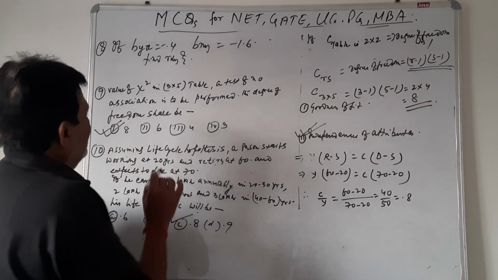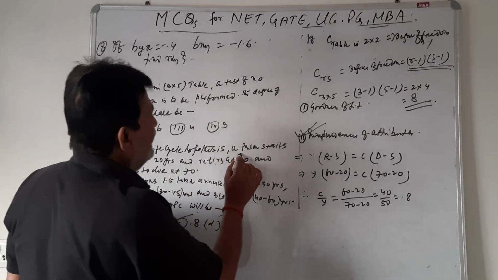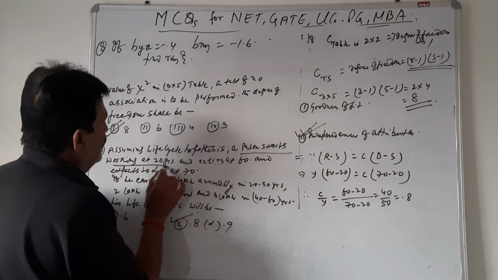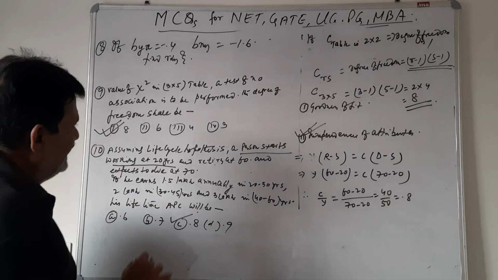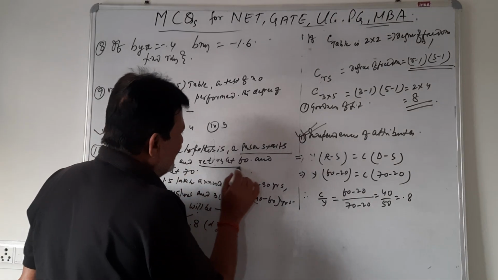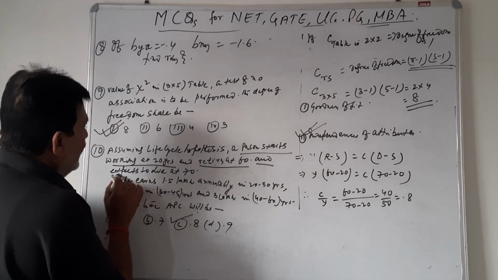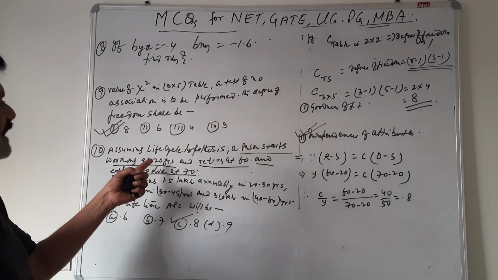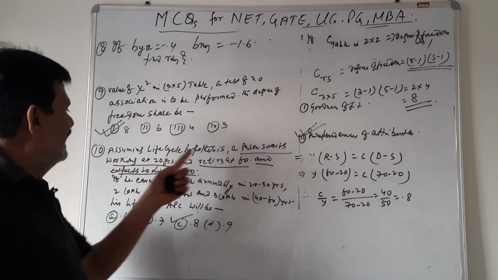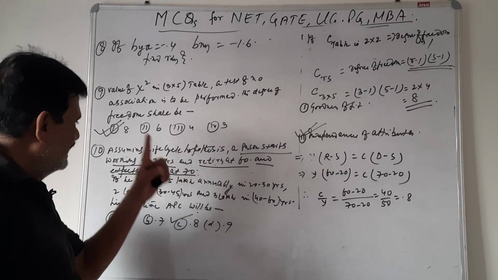The question says that in assuming the life cycle, a person starts working at the age of 20 years, retires at 60, and expects to die at 70.